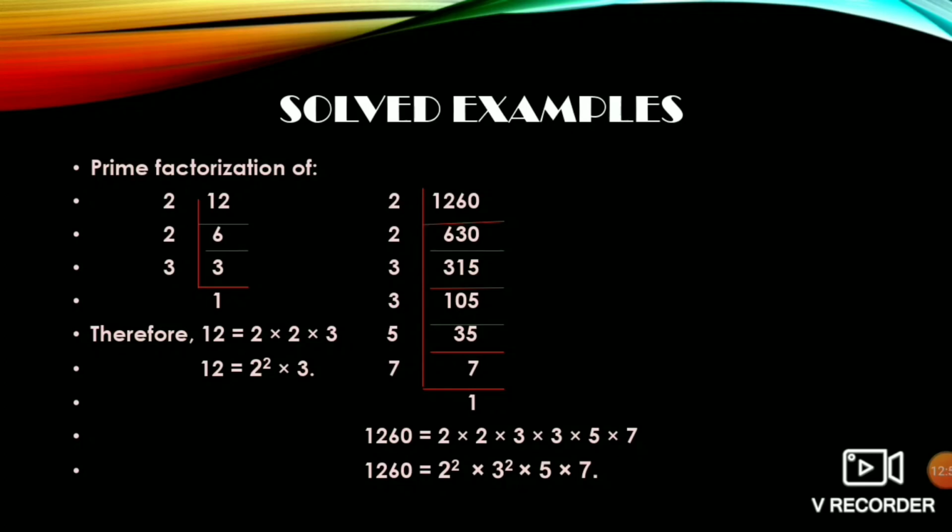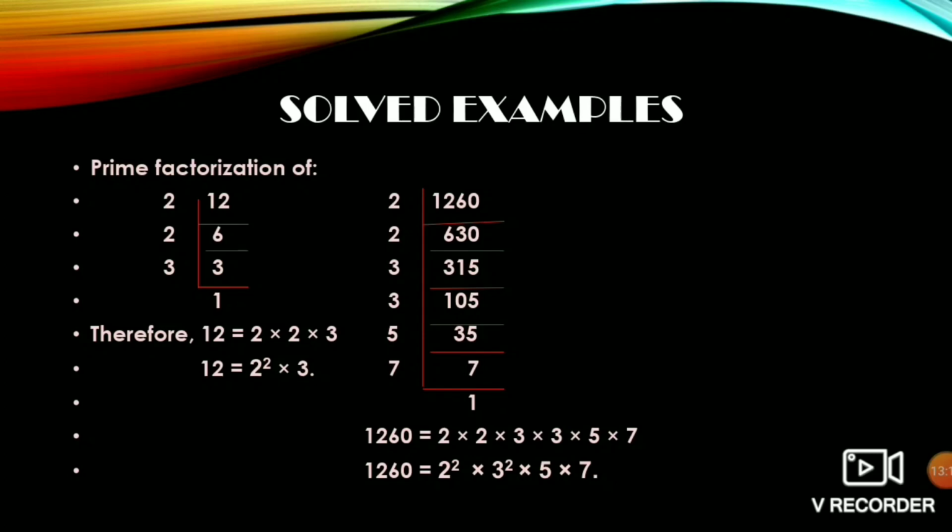35 is not divisible by 3. So we take the next prime number, that is 5 as divisor. And 5 exactly divides 35 and gives quotient 7. 7 is a prime number and is only divisible by itself. So now we take 7 as divisor.